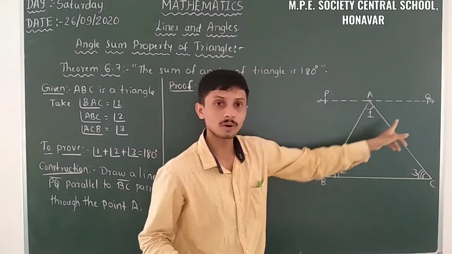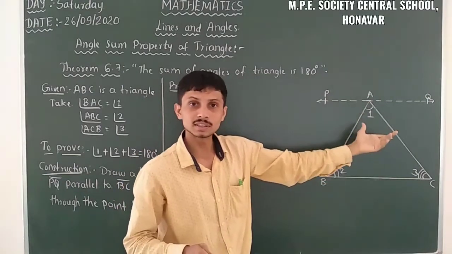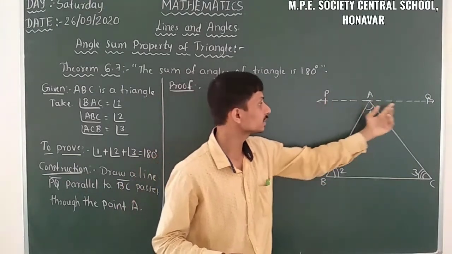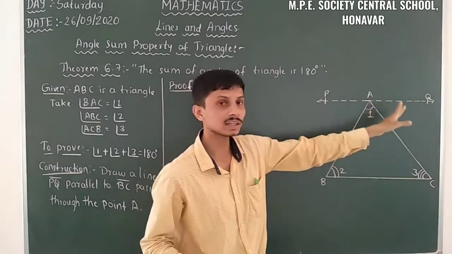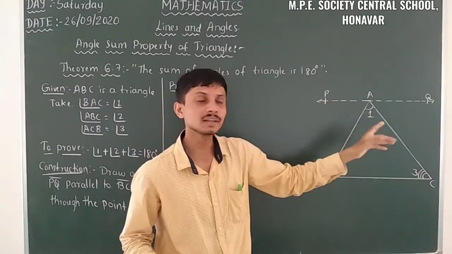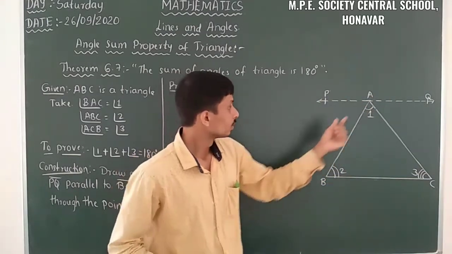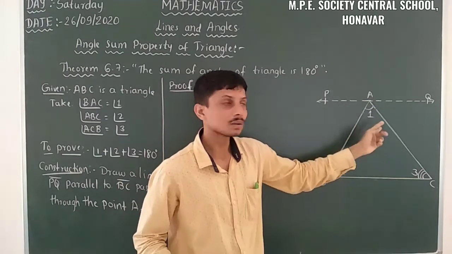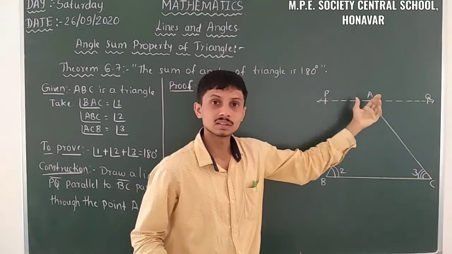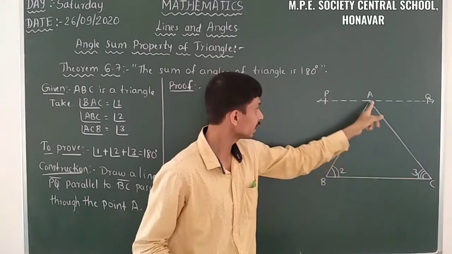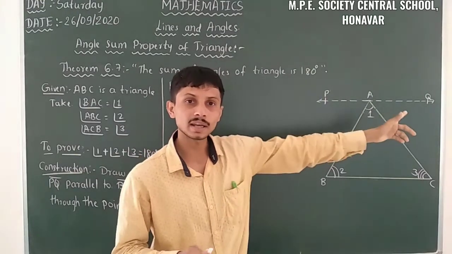the total angle formed around a point A is 360 degrees. But here it is a straight angle. When we are considering PAQ as a straight line, then angle PAQ is 180 degrees. So from angle 1 there are three parts, because AC and AB are two rays standing on the line PAQ.